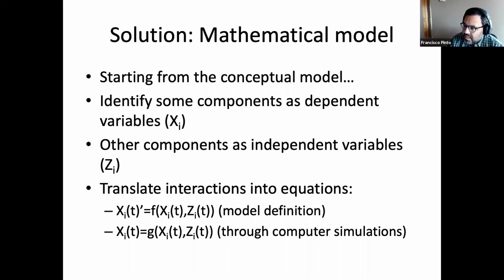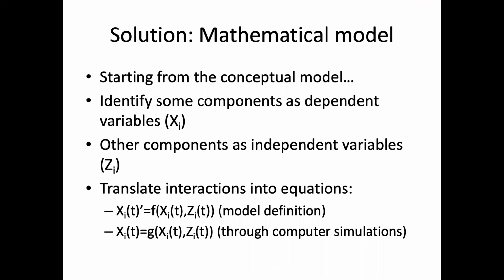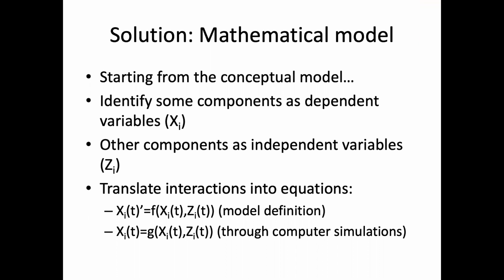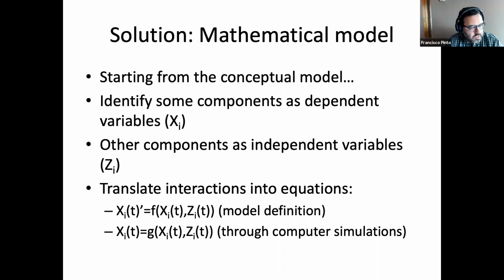And the independent variables have values that are set a priori of building the model, and they will not be updated. For example, if we are modeling the evolution of plant metabolism during the day, and that metabolism is affected by light intensity, then the light intensity is an independent variable.